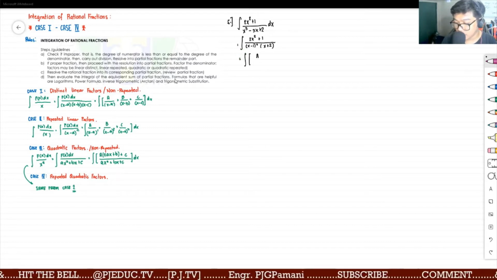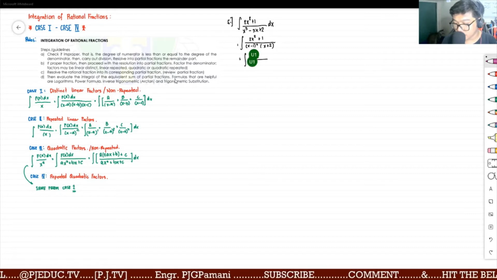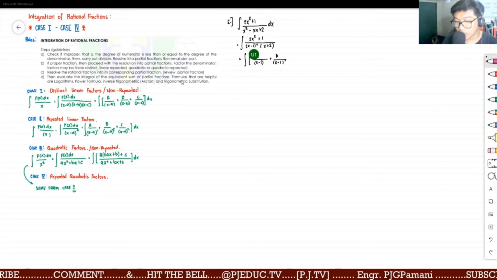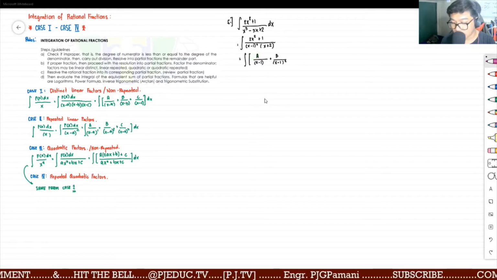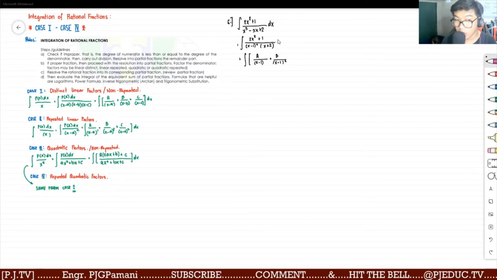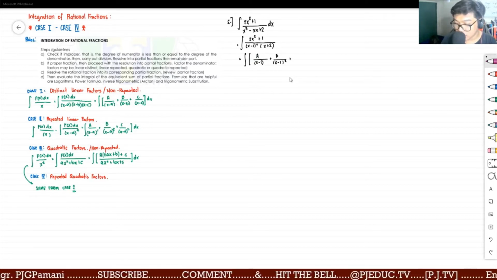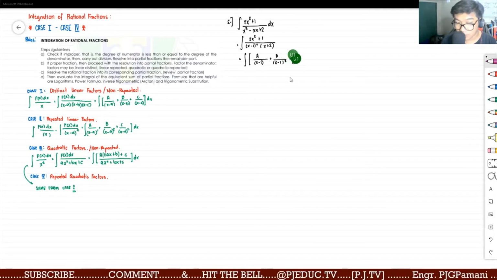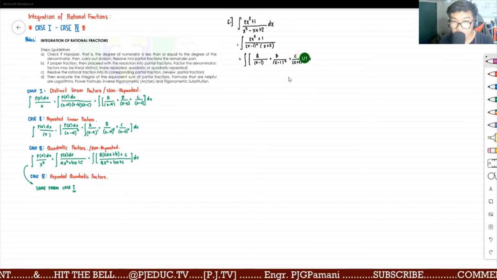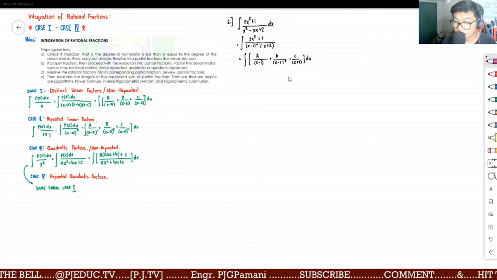That is A over x minus 1 to the first exponent plus B over x minus 1 to the second exponent. Dadagdagan pa ba natin? Hindi na, because the repeated factor is only at the second power. And the last one is your C over x plus 2. So that is a repeated linear factor.